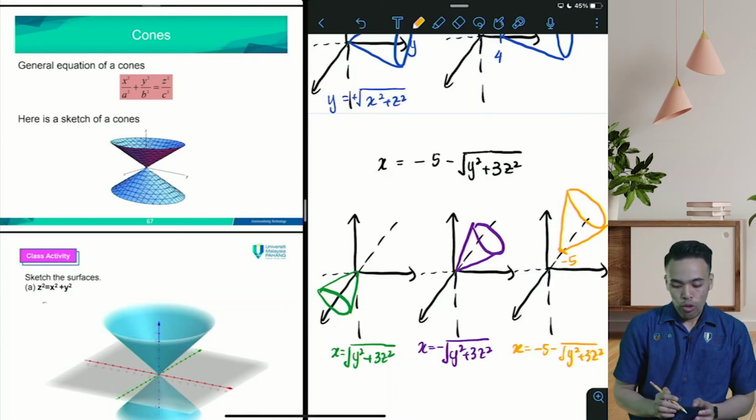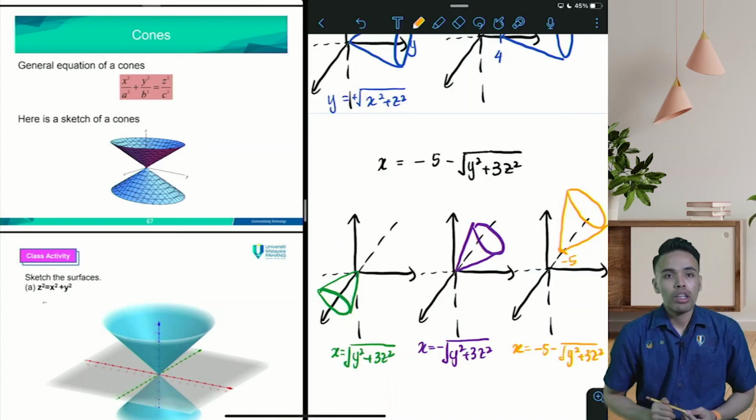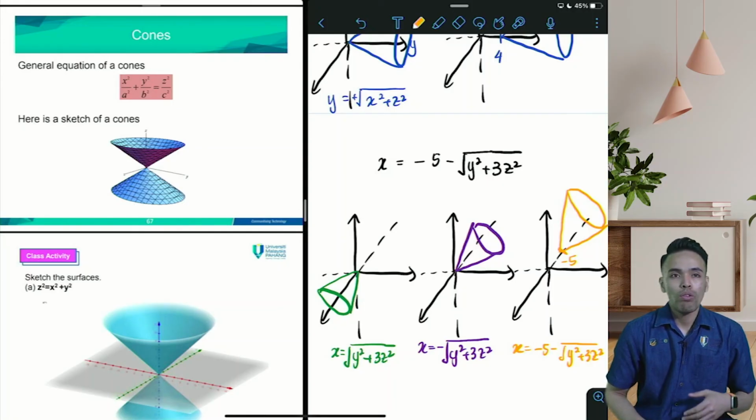So if you can relate my explanation to what I have sketched over here, I really hope that if I give you any question related to a cone in the 3-dimensional coordinate system, you should be able to relate it to what you have observed throughout this explanation.